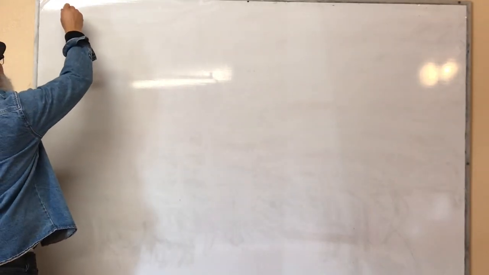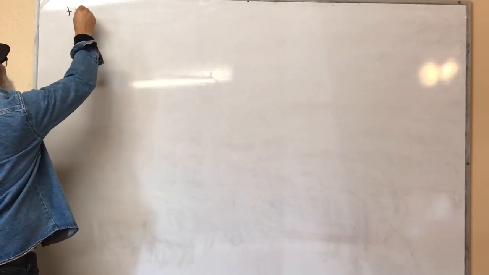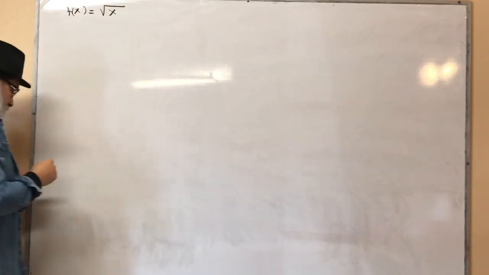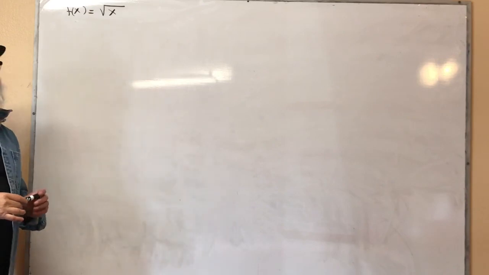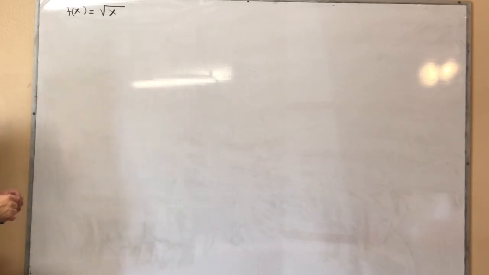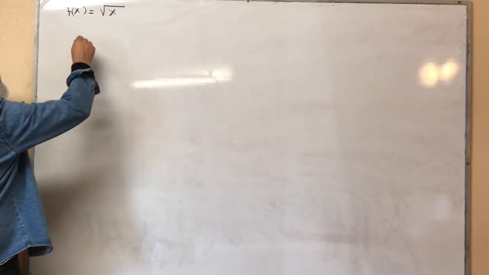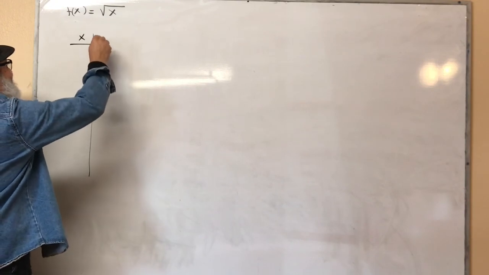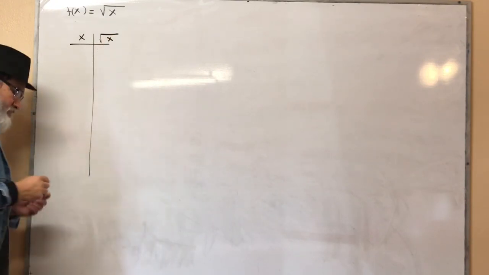Consider f of x equals the square root of x. Can we graph this? Sure we can. Make a table. Here's x and the square root of x.